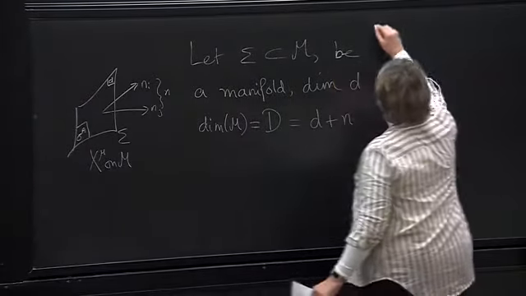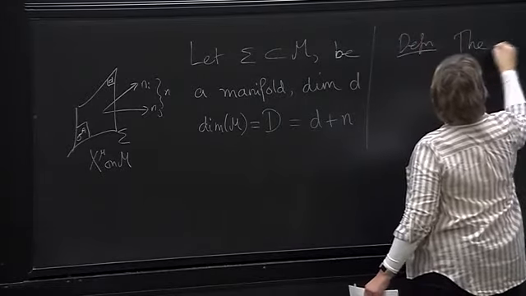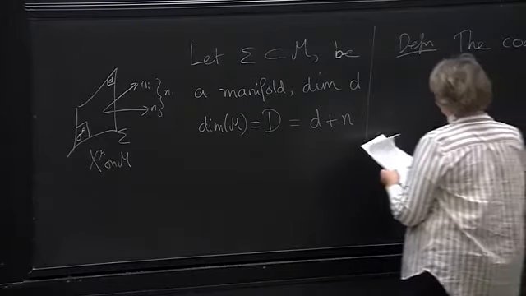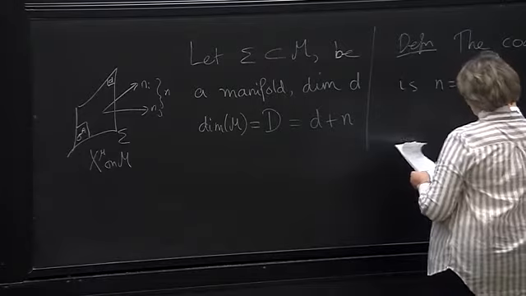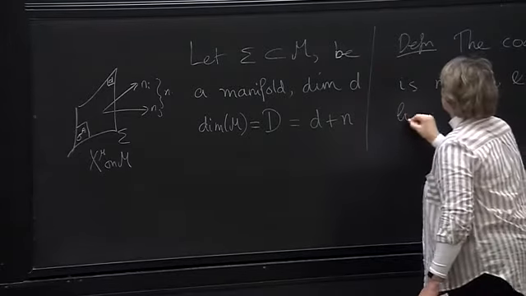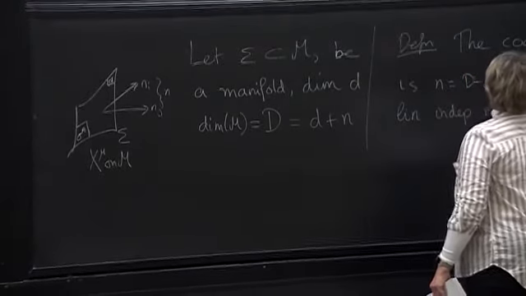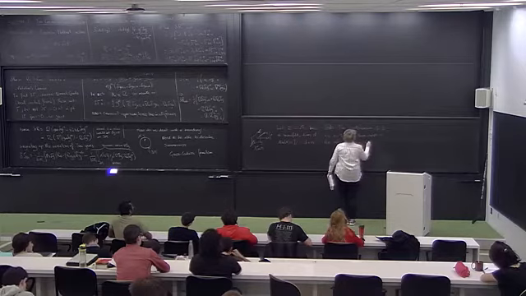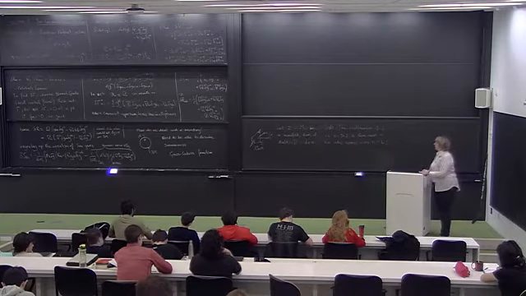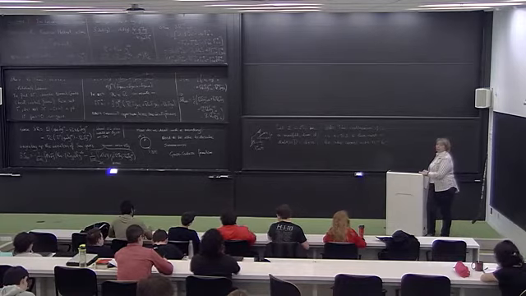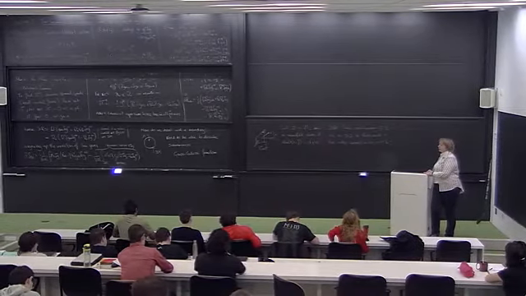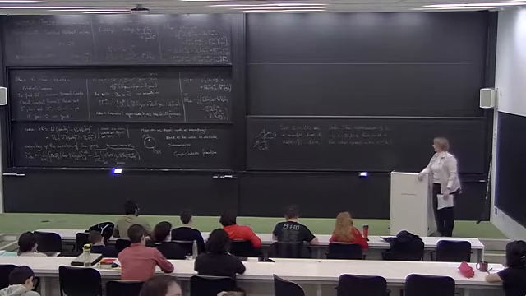So let me just define a couple of things. It's obvious that if the submanifold has dimension little d, and the big manifold has dimension capital D, which is d plus n, then the codimension of sigma, in other words, how many dimensions sigma does not contain, is little n.